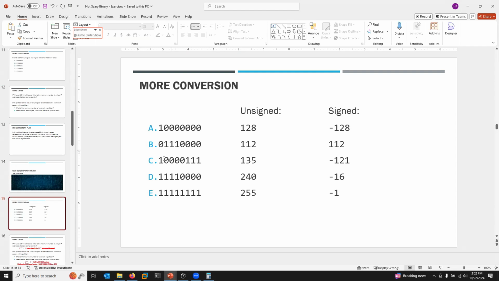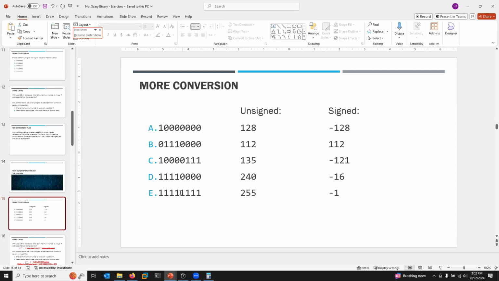For the other ones, I just wanted to point out the leading one followed by all zeros. It's either going to be 128 unsigned, or negative 128 signed. Similarly, for all ones, unsigned, it's 2 to the n minus 1, so 2 to the 8th minus 1, which is 255.